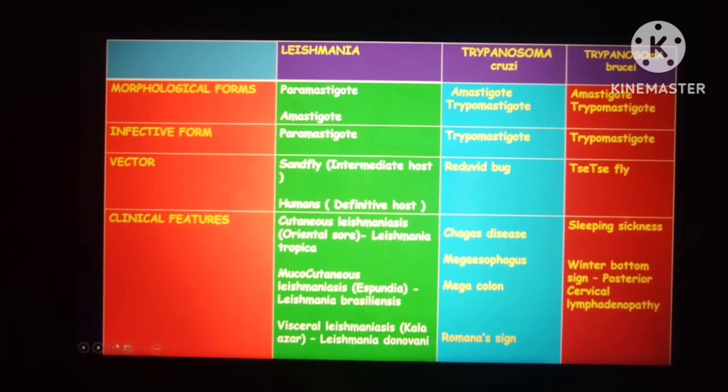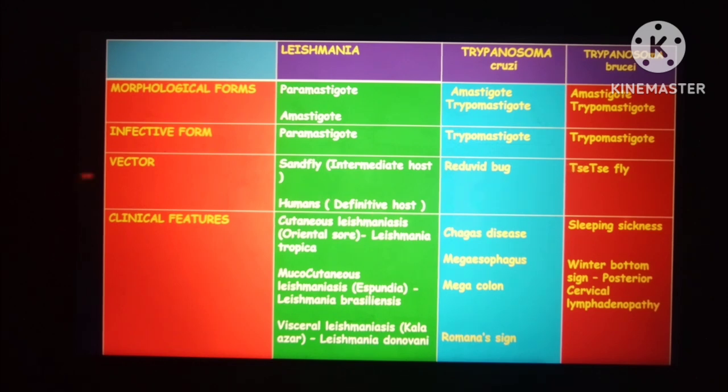In Leishmania, first remember the morphological forms. In Leishmania the morphological forms are promastigote and amastigote, whereas in Trypanosoma it is the trypomastigote. The infective form here is the promastigote, whereas there it is the trypomastigote.